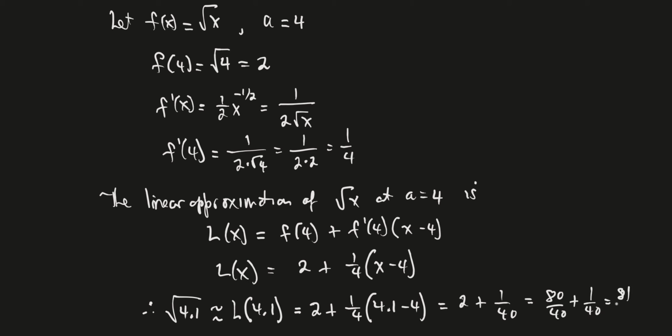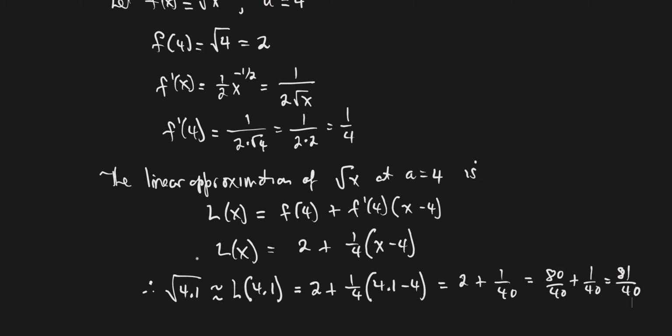So that's 81 over 40. That's pretty remarkable. Using this linear approximation, the square root of 4.1 is an irrational number, but I have found a pretty easy rational approximation. This 81 over 40 is a rational number, and it approximates the square root of 4.1.